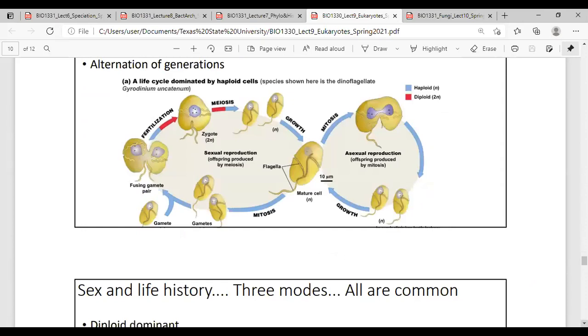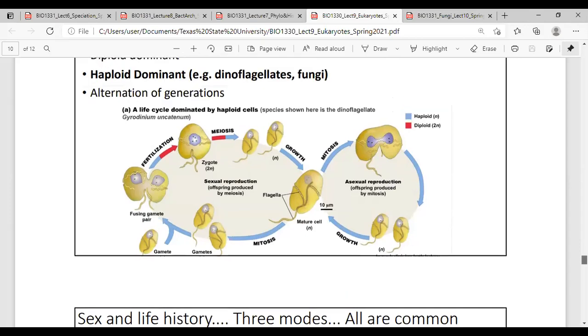Haploid dominant, you can see it's the reverse. We have a lot of blue. They spend the majority of their life as a haploid cell. And if anybody does not know what haploid and diploid means, let me know. The haploid over here is N, diploid is 2N. What are these creatures? The dinoflagellates, fungi.